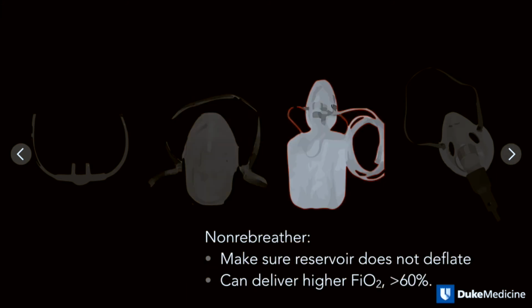You want to keep that in mind when you're thinking about a non-rebreather as well. This has an oxygen reservoir that can help patients get higher FiO2s, and you can deliver an FiO2 of greater than 60%, but you want to make sure that the reservoir never deflates. If the reservoir deflates, you're just recirculating that CO2.